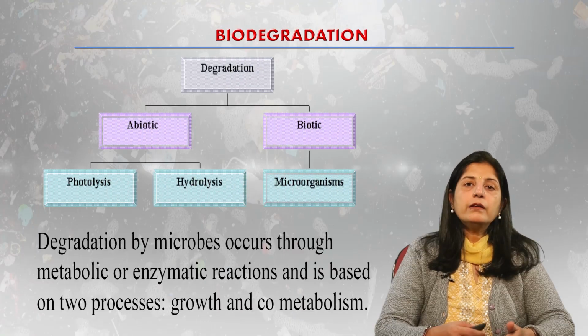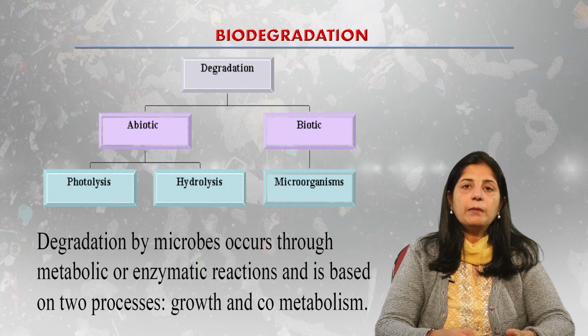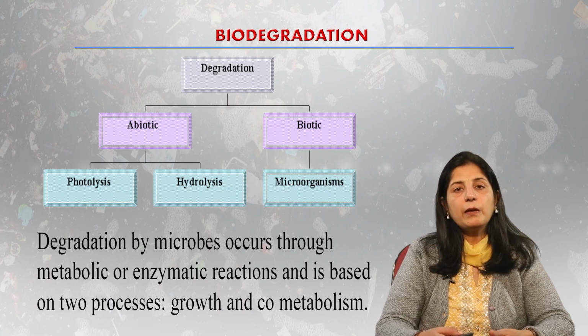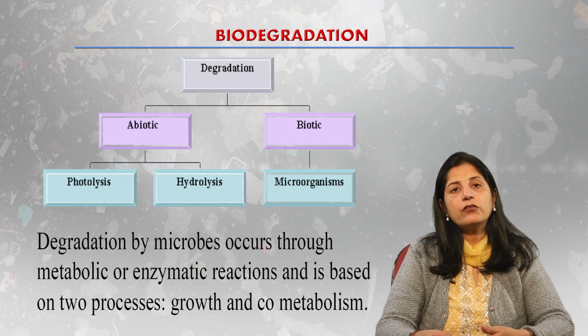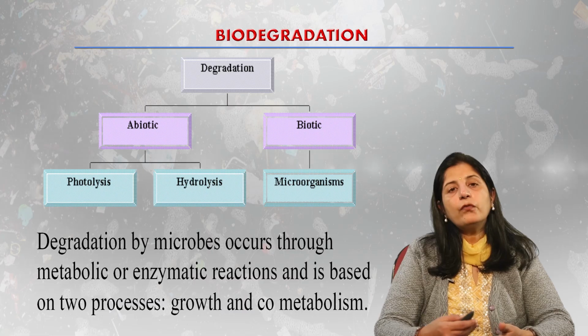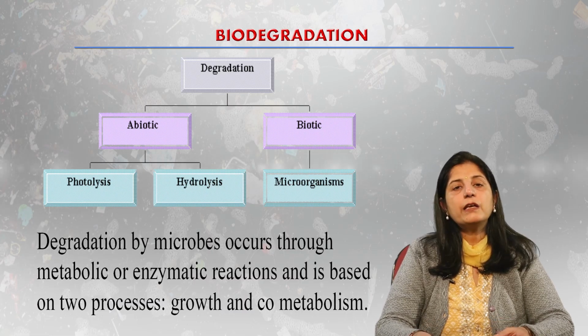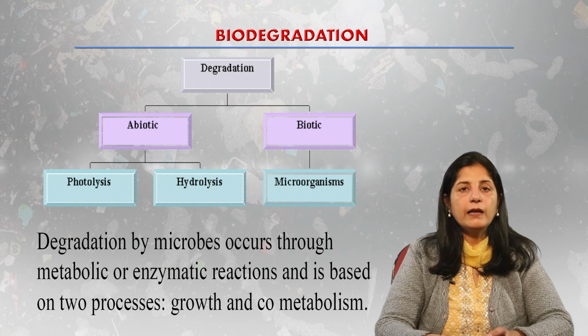So, first is biodegradation. Nature has different mechanisms by which it can degrade most of the chemicals present in nature, and this degradation can be abiotic when it takes place by various physical and chemical processes occurring in nature such as photolysis and hydrolysis. Photolysis is breakdown of a chemical with the help of UV radiation present in the sunlight.